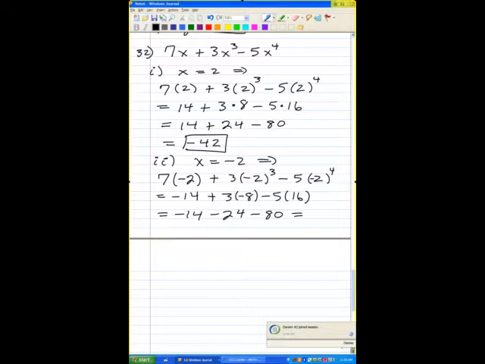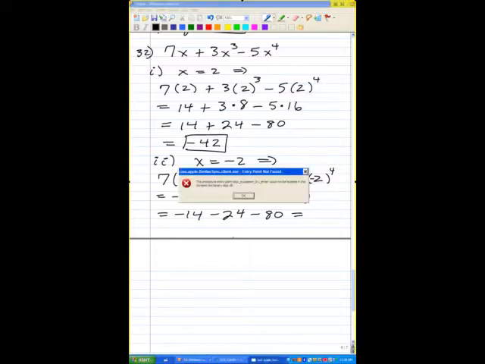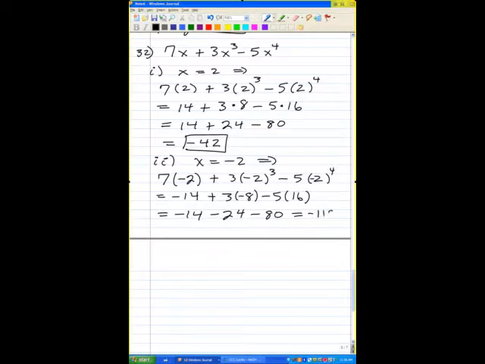Negative 14 minus 80. Well, negative 14 minus 24 is a negative 38. Minus 80 is negative 118. Let me do problem number 40.